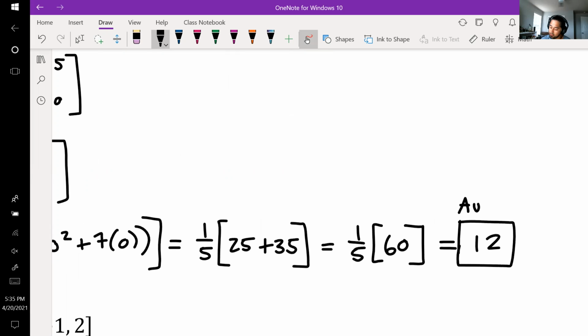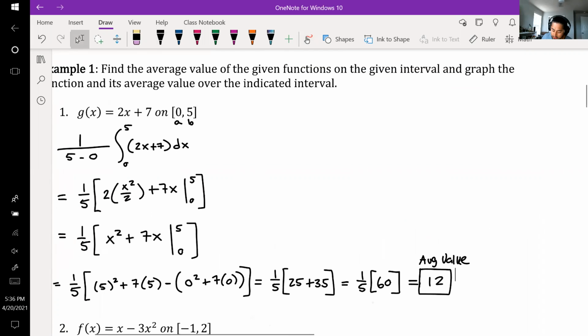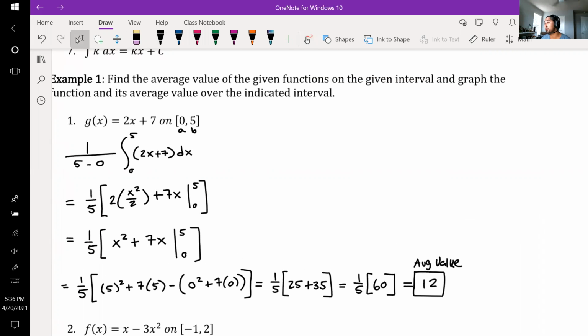This is the average value of that integral on that interval 0 to 5. So that would also be the average value of the area underneath that curve. Okay, so we found all of that, and now we have to graph it.